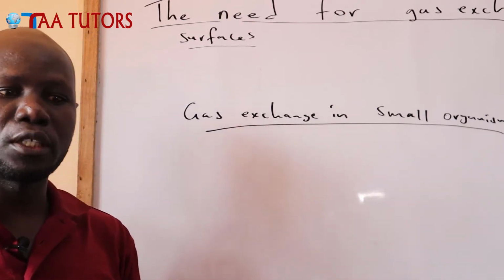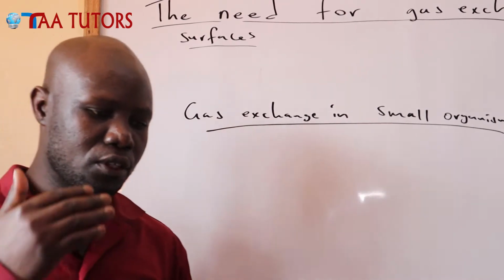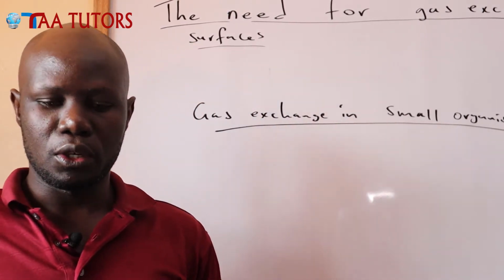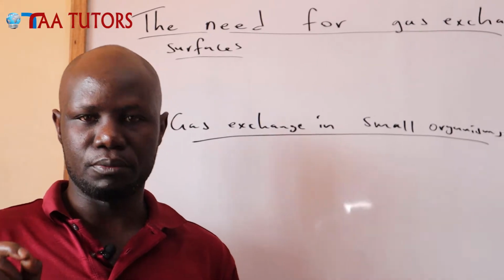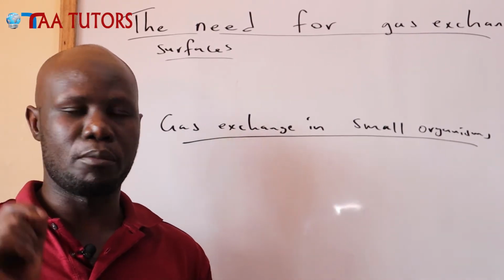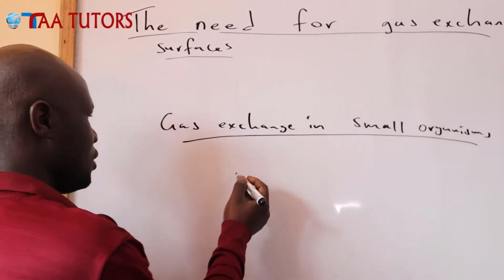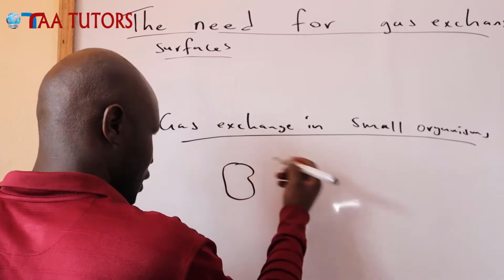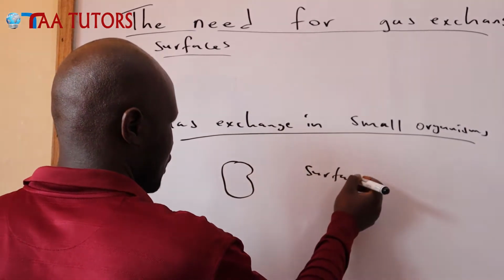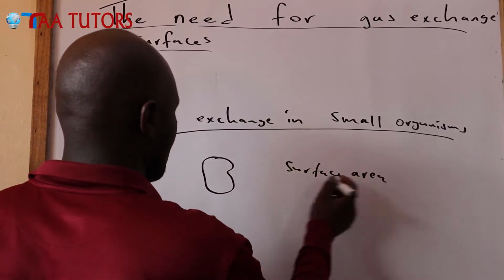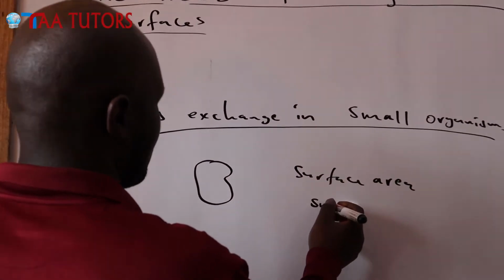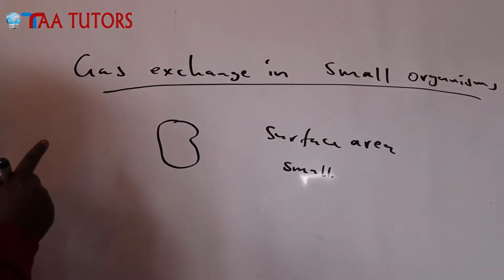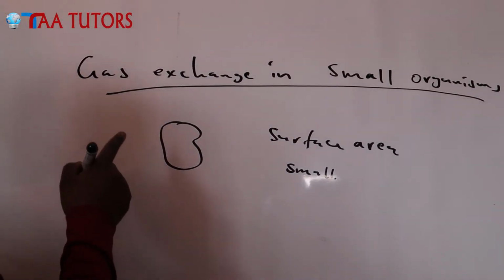And I want you to remember that there is a difference between the surface area and the surface area to volume ratio. Now, the amoeba is a unicellular organism. Looking at it biologically, the surface area that this organism has is actually small. In terms of the size of this organism, it has a small surface area.